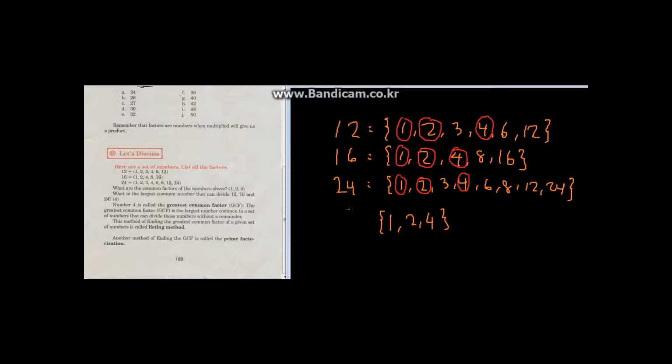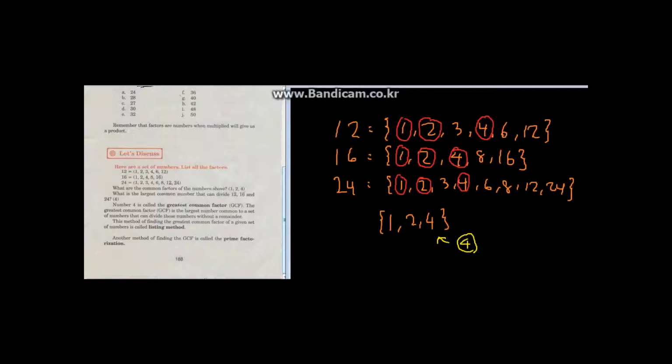The next question is, what is the largest common number that can divide 12, 16, and 24? So it's just asking what's the greatest number among the common factors. Which one is it? It's 4, right? 4 is the largest common factor that can divide 12, 16, and 24.